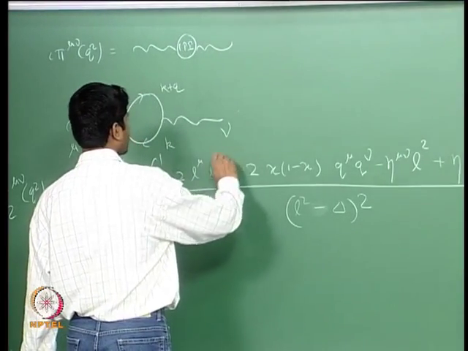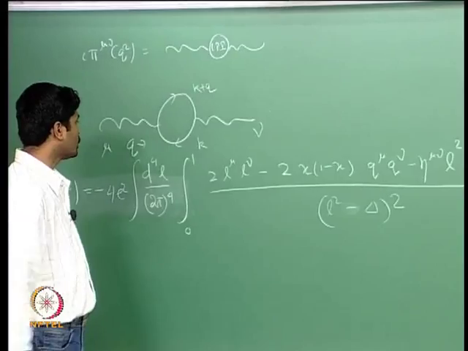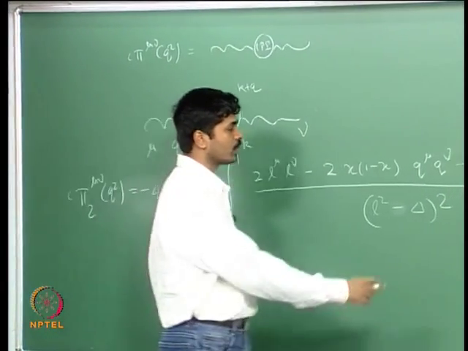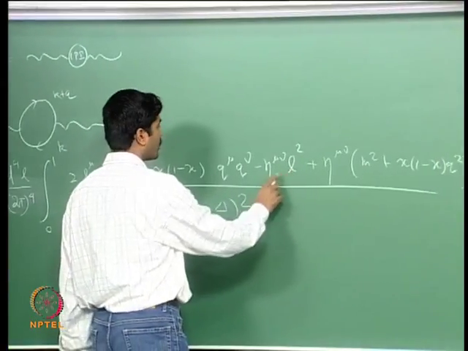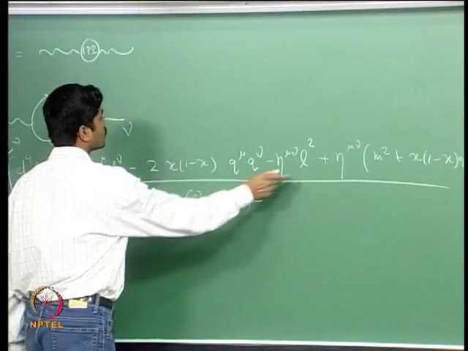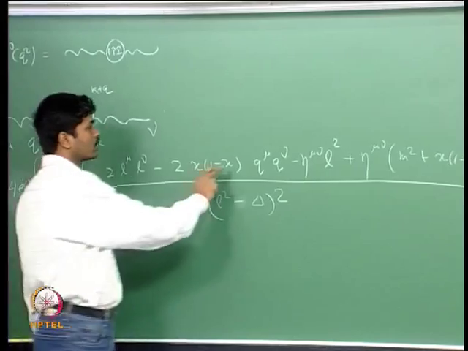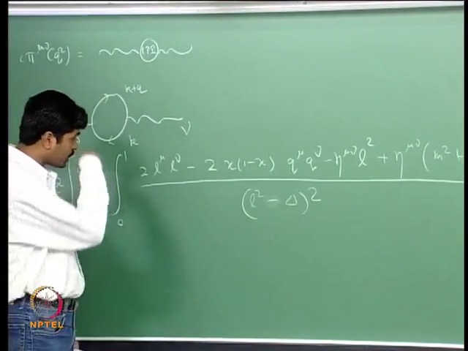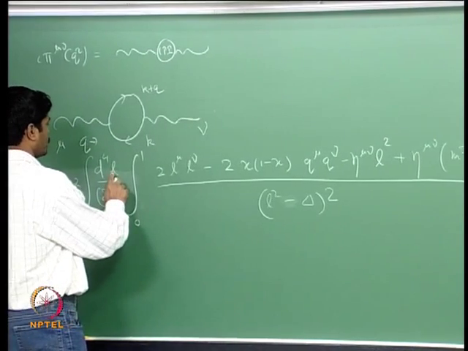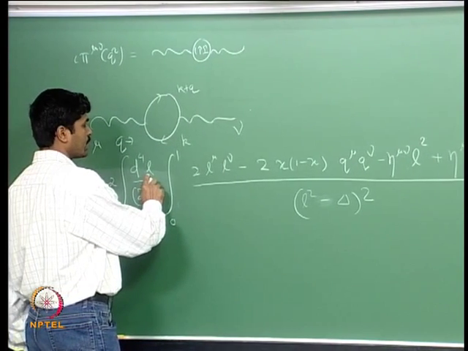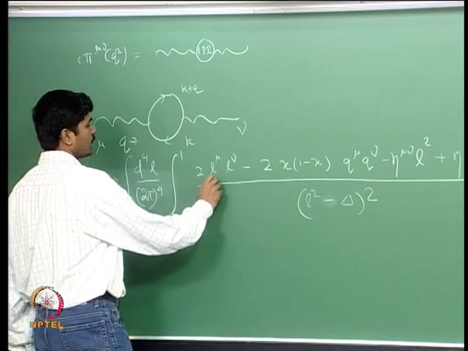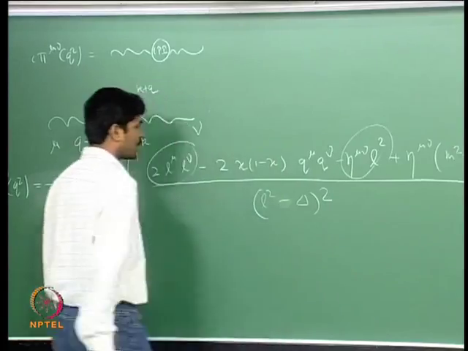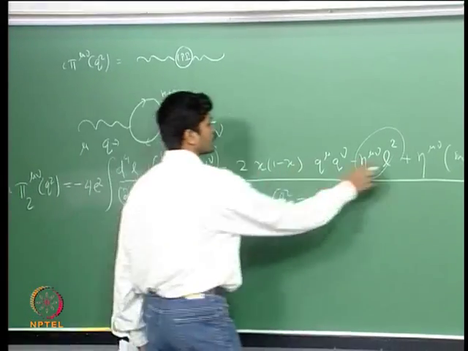What I would like to emphasize here is that when you consider the large momentum behavior of this integration, in the limit when L tends to infinity, these two terms are dominant compared to these two terms. You can do a power counting here. Dimensional analysis says that the term here as well as here will be quadratically divergent, whereas these two terms will not be.